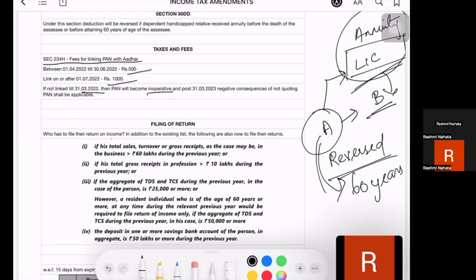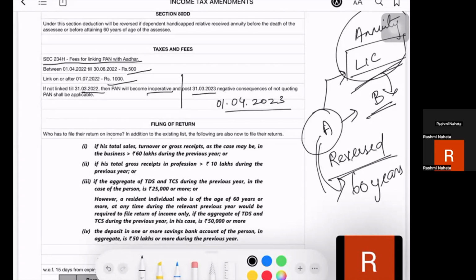But after 31/3/2023, negative consequences and penalties shall also be applicable. So from 1/4/2023, if anyone has still not linked their PAN with Aadhaar, negative consequences start prevailing. That's why we see so many notifications from the department now to link as soon as possible because the date is nearing.